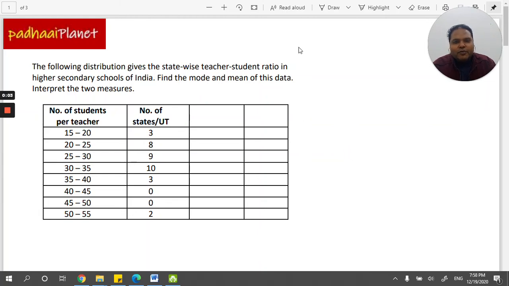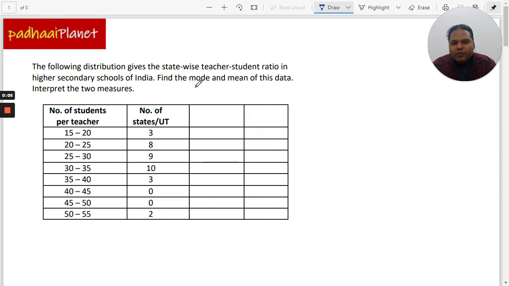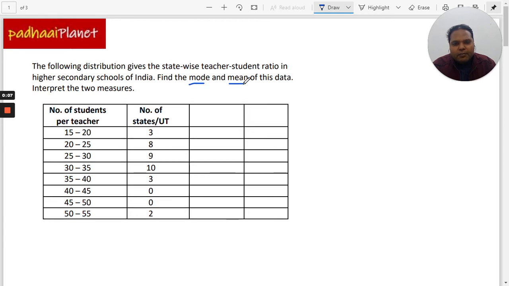So today in this question we'll be learning how to find out mode and mean for the given data. This data is about the number of students allocated per teacher across the various states and union territories. From this data we understand that 15 to 20 students have been allocated to one teacher in 3 states.